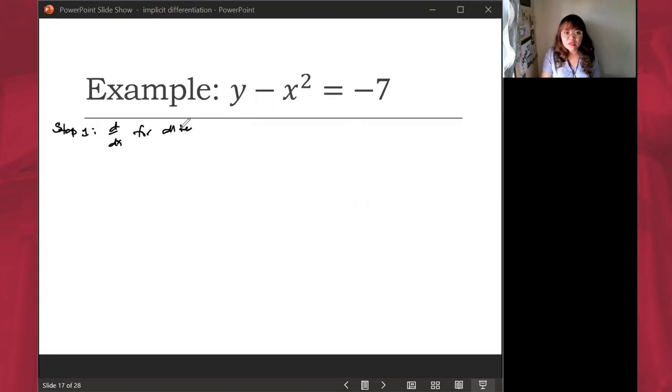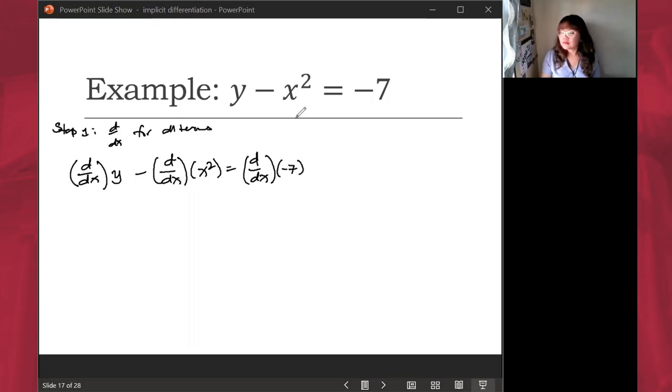This means that we are getting the derivative of each term. So this will now appear as d over dx times y, and then d over dx times x squared, and d over dx times negative 7.